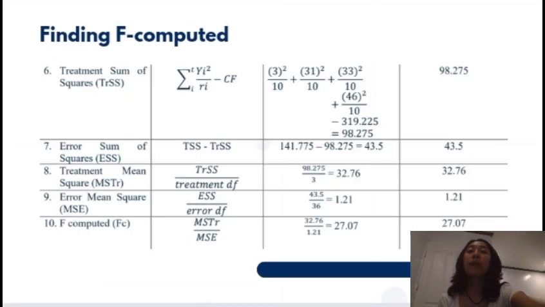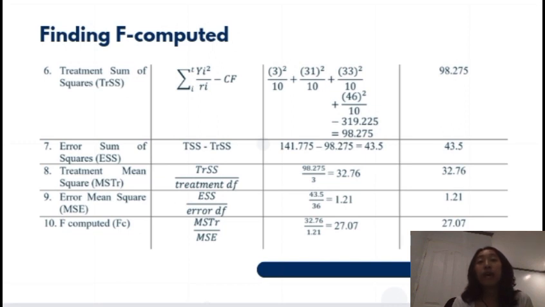Now let's go naman sa treatment sum of squares. So what I was just trying to say, yung formula, sinasabi niya lang doon na kung ano yung value ng replicates in each treatments, or yung total ng each treatments, isa-sum lang natin per replicate.